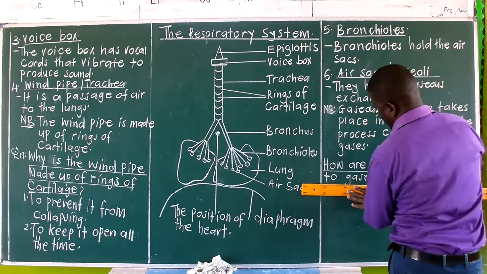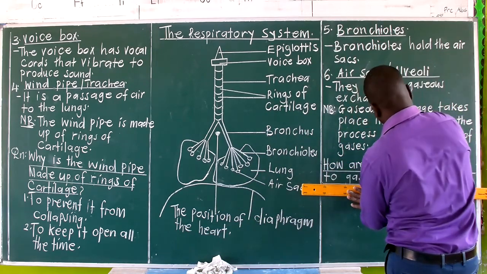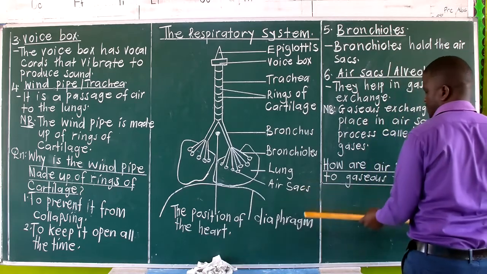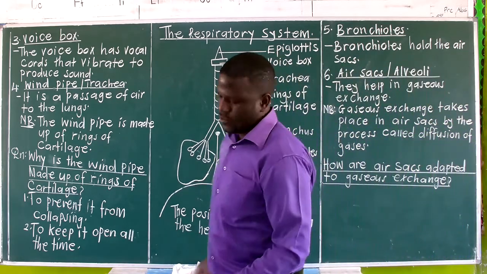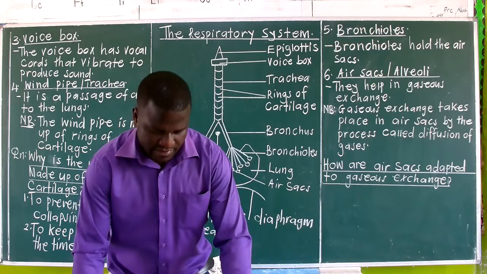We have around 4 ways through which air sacs are adapted to gaseous exchange. How are they able to carry out gaseous exchange?